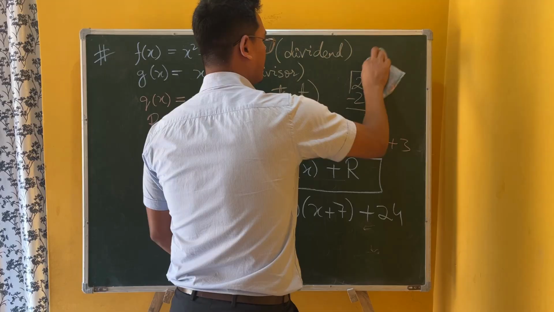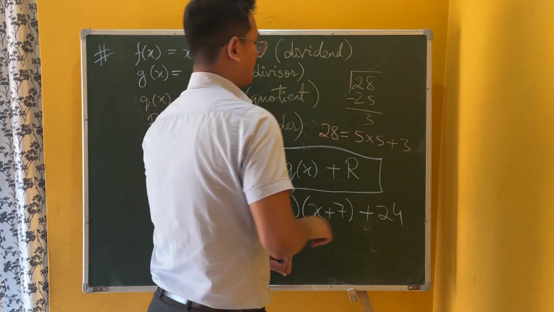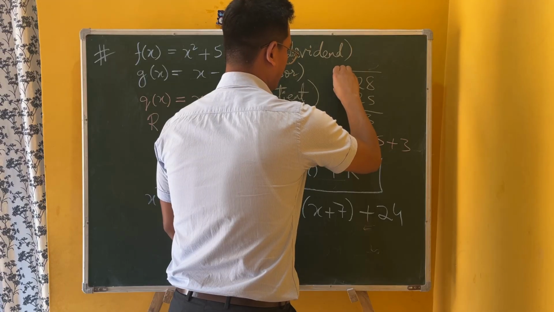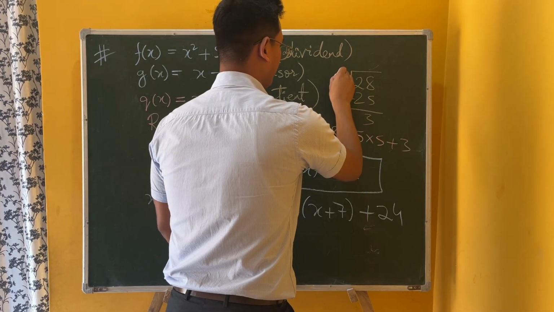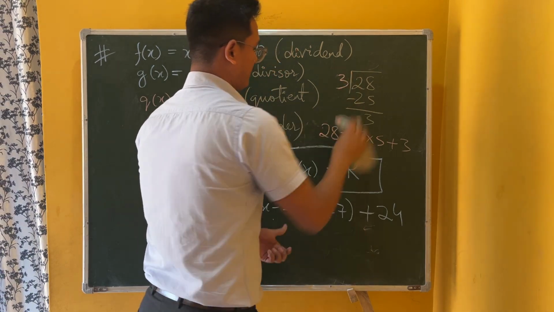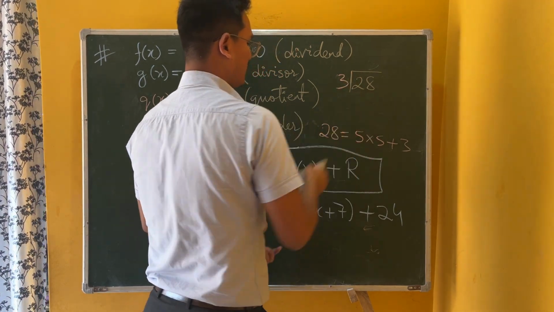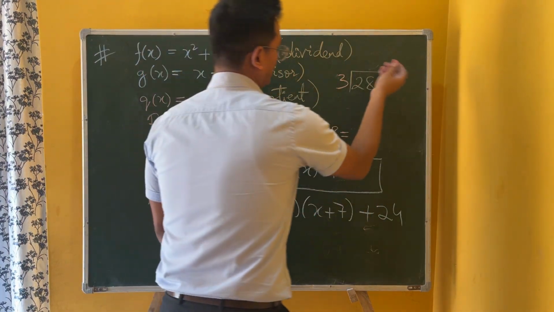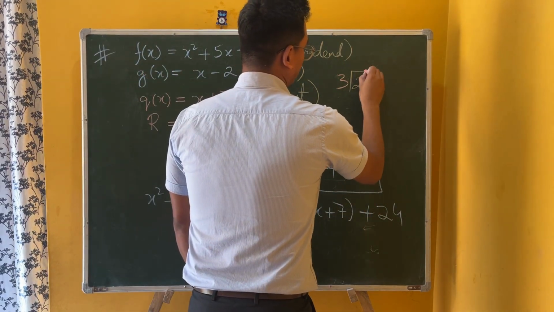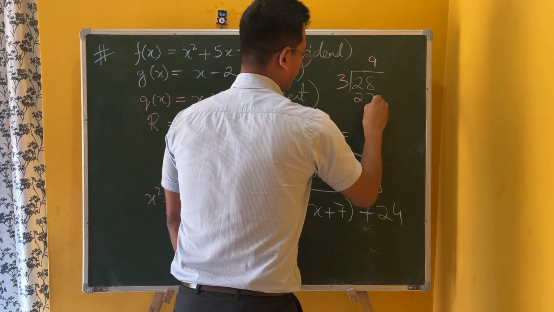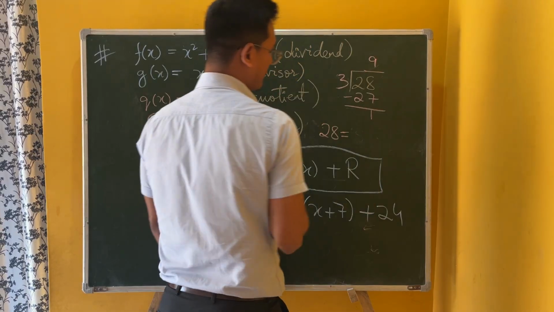Next, you can think of another number. If the divisor was not 5, let's say it was 3. Then 3 times 8 is 24, 3 times 9 is 27. The remainder is 1.